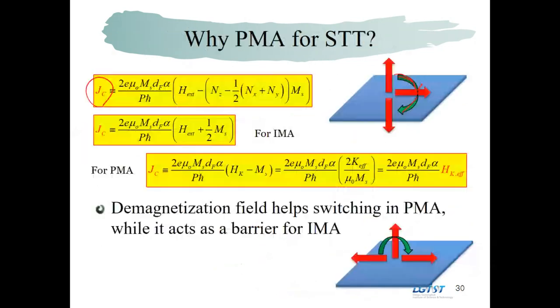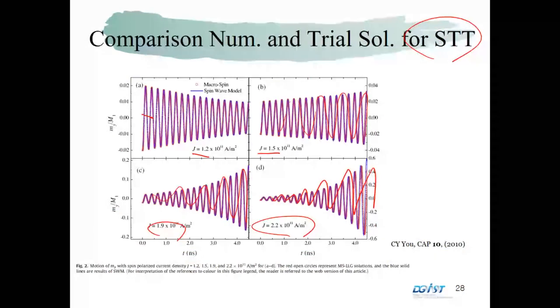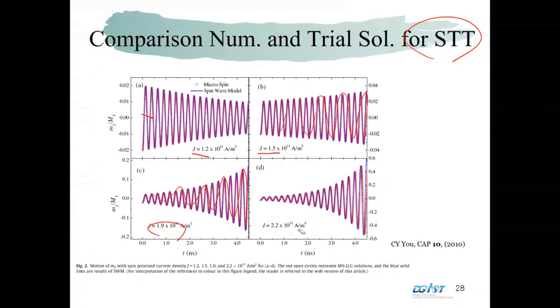So, yeah, let's go back to this numerical one. This numerical result represents our result. When you apply a small current, smaller than the switching current, the moment starts to oscillate, but eventually goes into the stable condition again. But if you apply a large current, then the oscillation amplitude gets larger and larger.